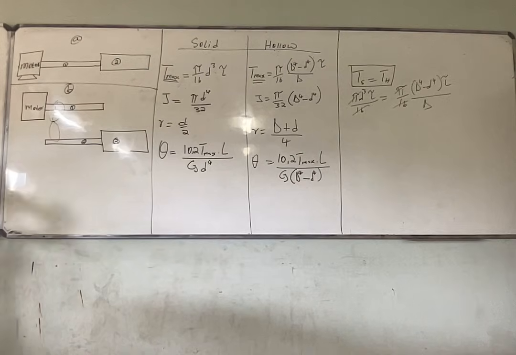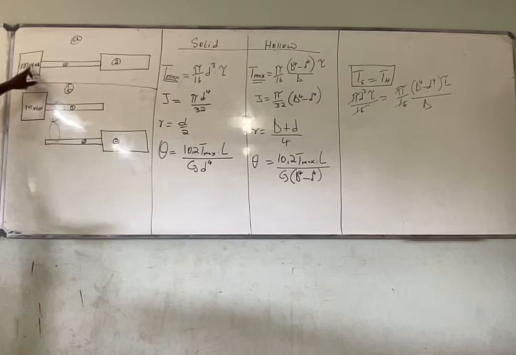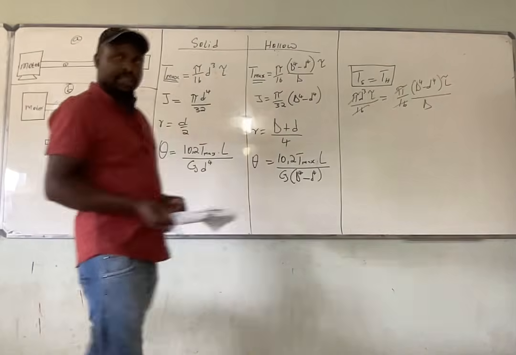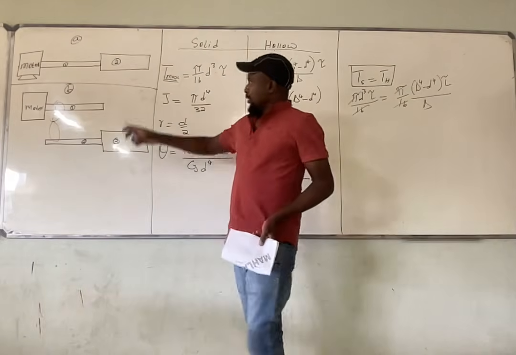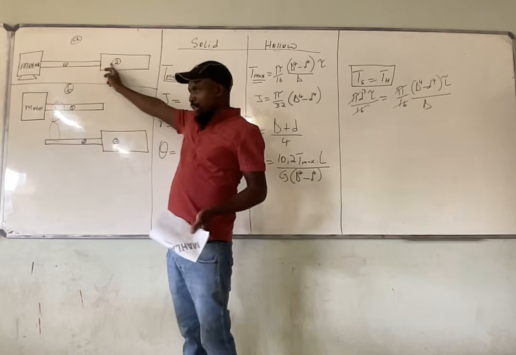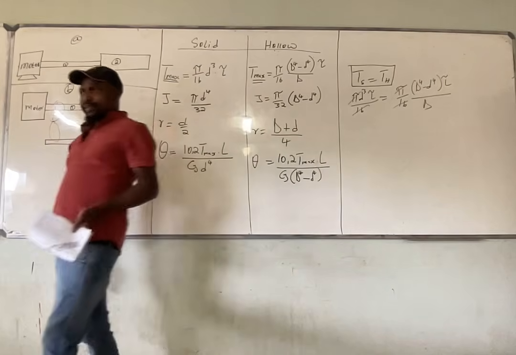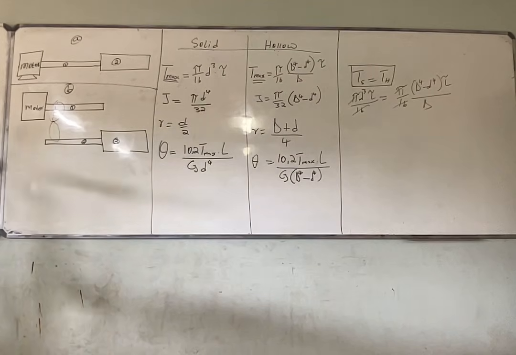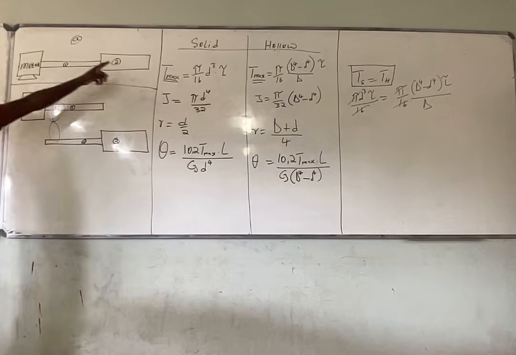And we know that the rev for this one is the same as for that one, right? So the revolutions for this, and for this one, and for that one, they are the same. If this one turns once, even this one is going to turn once.